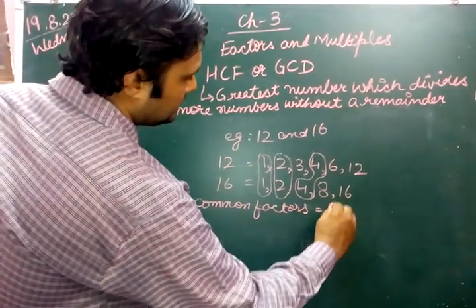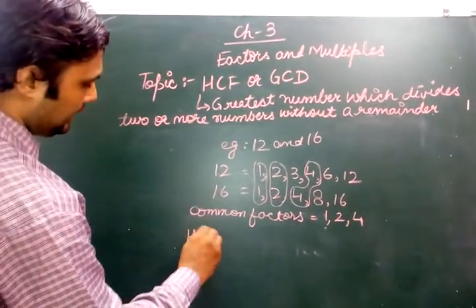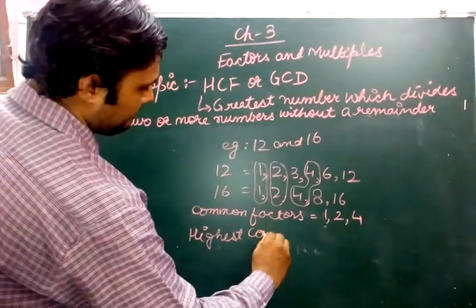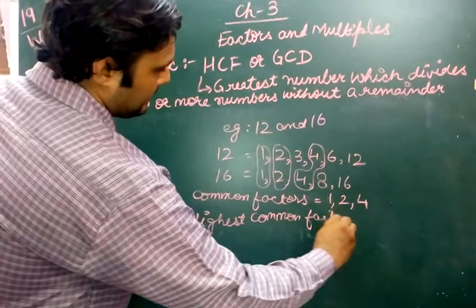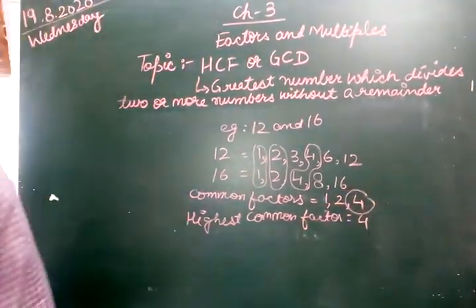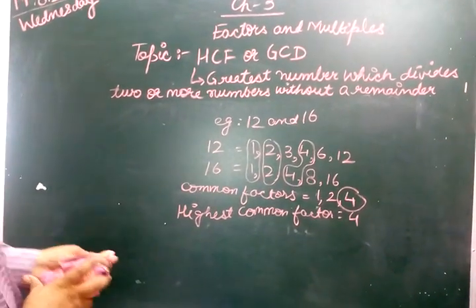How many common factors are there? 1, 2 and 4. But the highest common factor is what? 4. This is the highest common factor. So in this way we can find out the highest common factor.